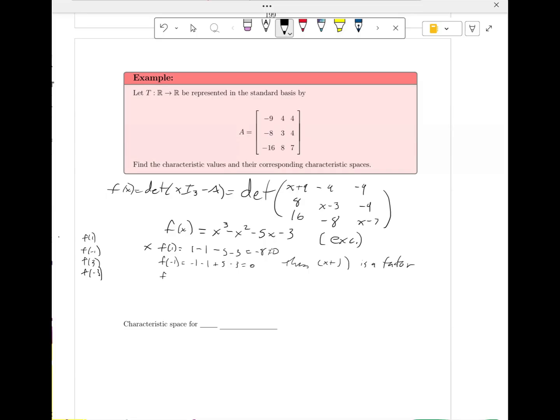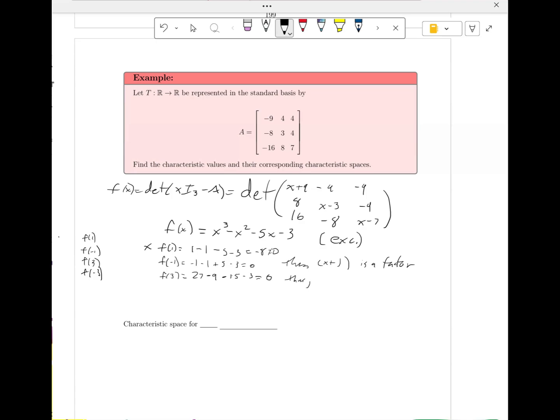Now I'm going to try f of 3, which is 27 minus 9 minus 15 minus 3, which equals 0.